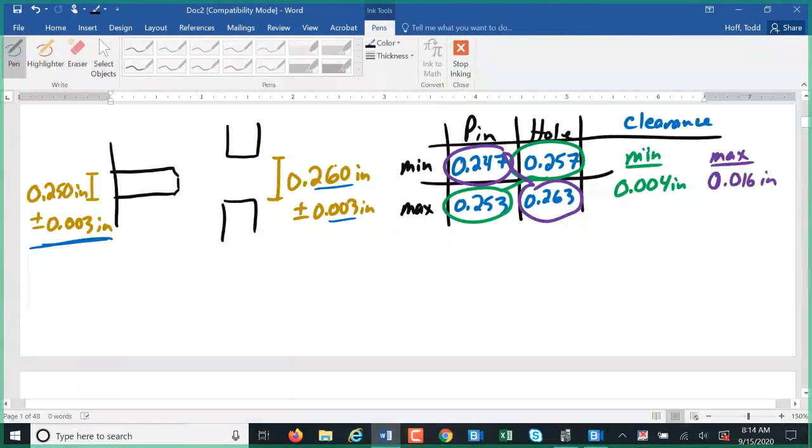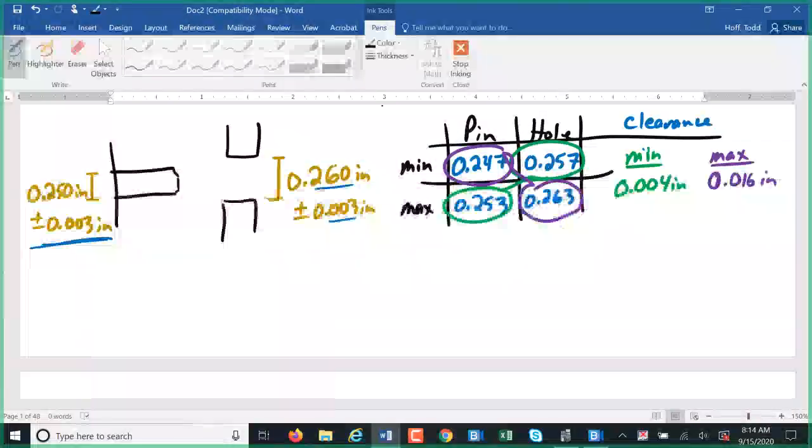4 thousandths of an inch of clearance might be a little tight. If you have any nicks or scratches on the pin or any gunk in the hole, it might bind up a little bit on you, but that shouldn't be too bad. 16 thousandths isn't enough that it's going to get really sloppy and loose on you. But you can still see how those allowances build up.